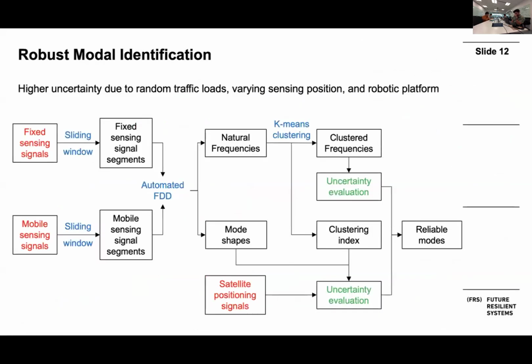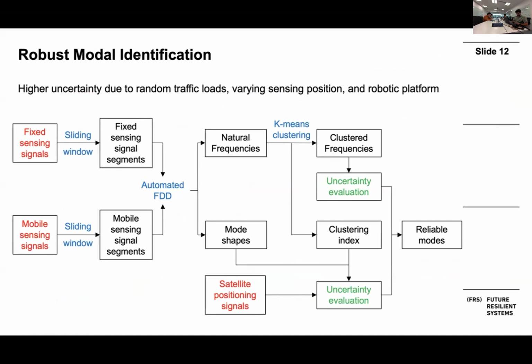After this, we developed a robust modal identification framework to analyze those mobile sensing signals. Why? Because for mobile sensing, the uncertainty is higher than traditional fixed sensing.